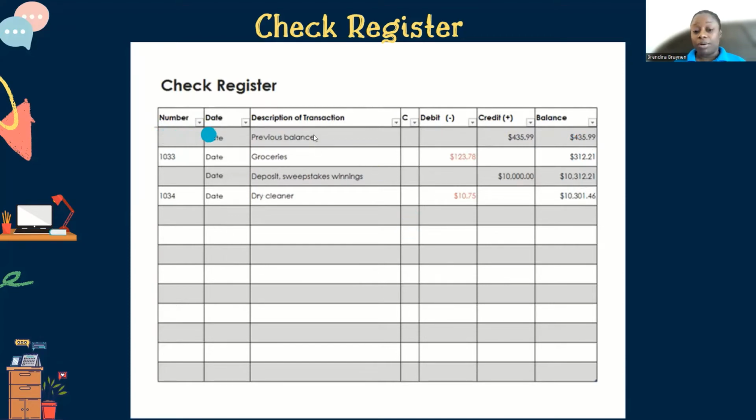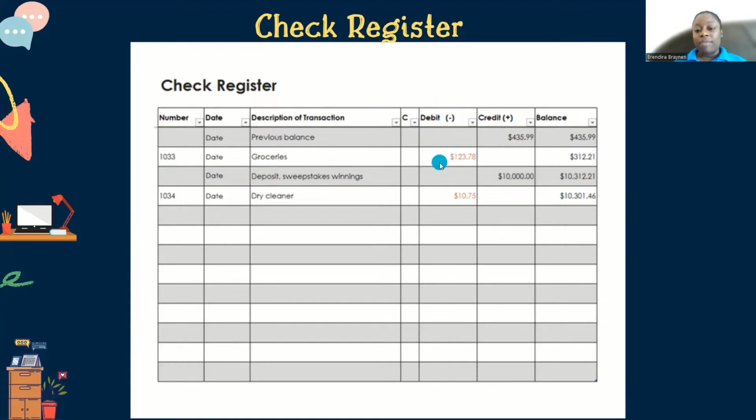At the end of April, this is saying that this is how much was in my bank account, or how much I did not use or have available to use at the beginning of May. And so on whatever date this is, it says that I have a number. This is normally a check number. I might have written check number 1033 for some groceries.